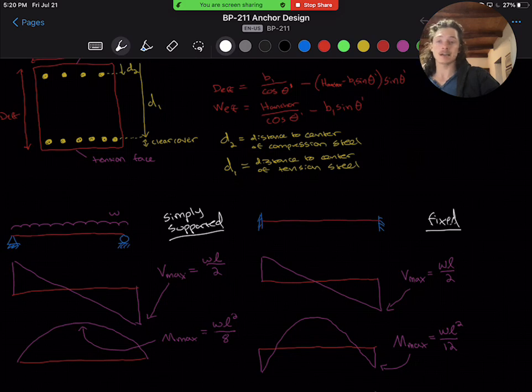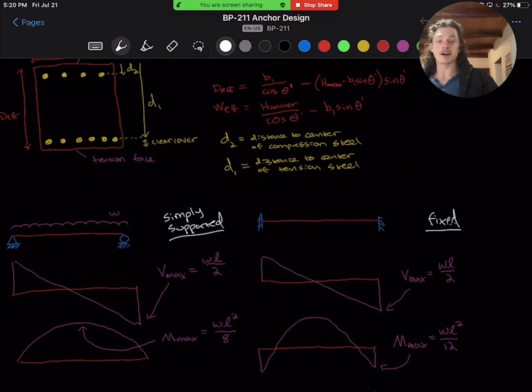In the next lecture here, I'll go into specifically the loads on the anchor beam. And in this diagram, you can see, we'll calculate those loads based on both simply supported and fixed, but our simply supported maximum moment is WL squared over 8 with a maximum shear of WL over 2.